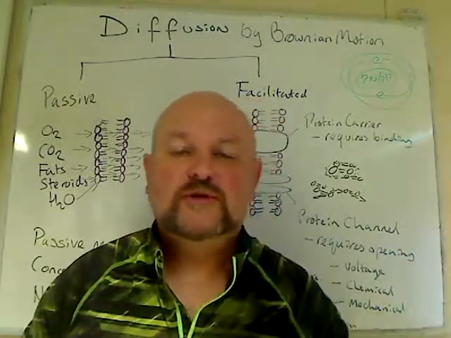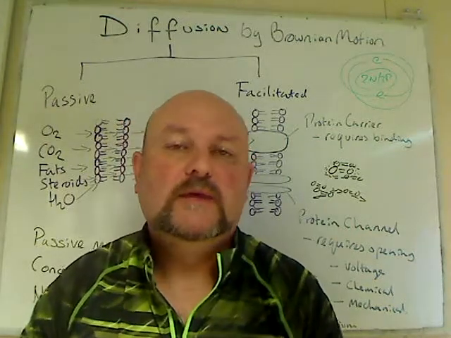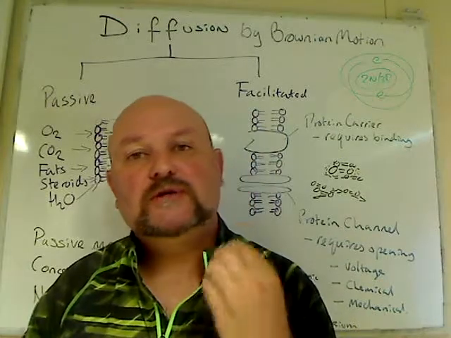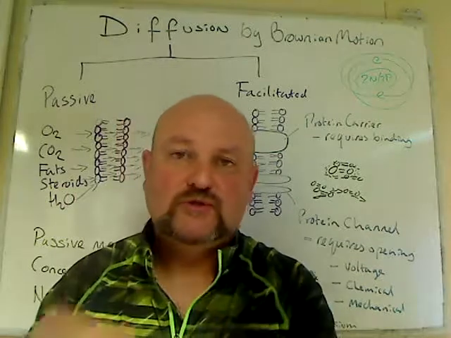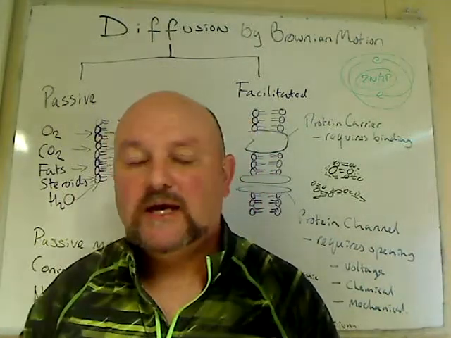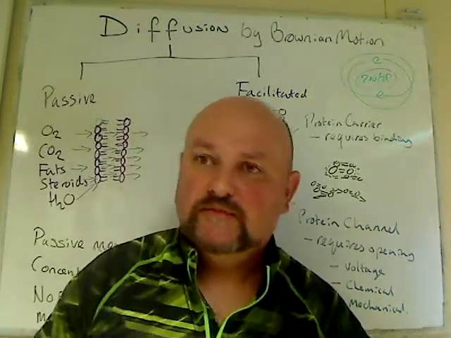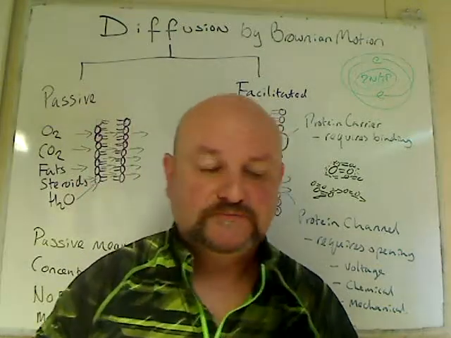When you diffuse something across a membrane, then you can give it a slightly more specialized name. And if there's no energy input, it's still diffusion, then we call it passive or facilitated transport, because you're transporting from one side of the membrane to the other in the same way as, take the Mackinac Bridge for example, you can transport from the lower peninsula over the bridge to the upper peninsula and vice versa.